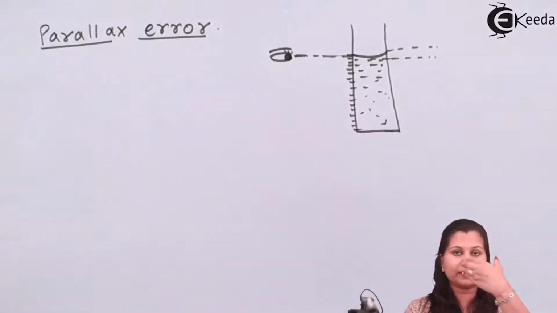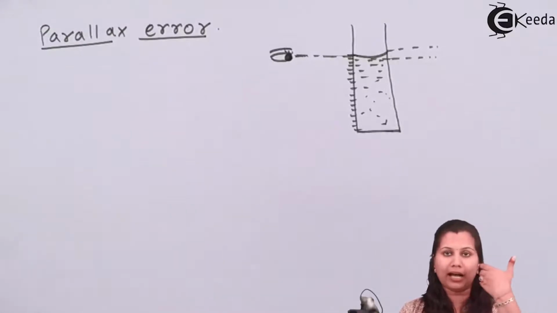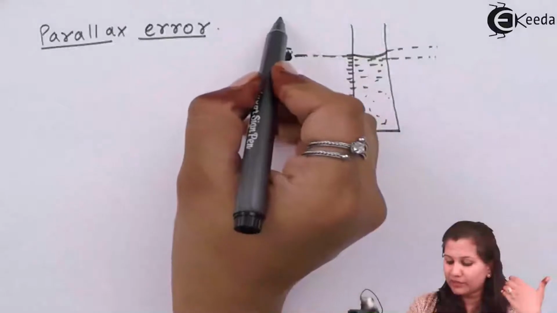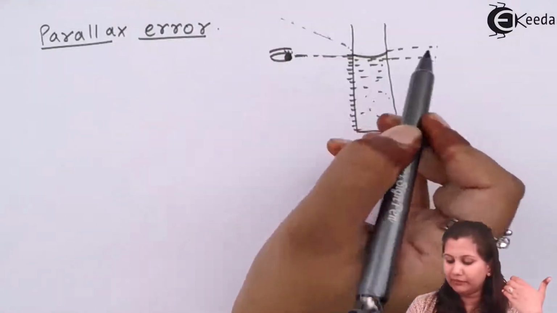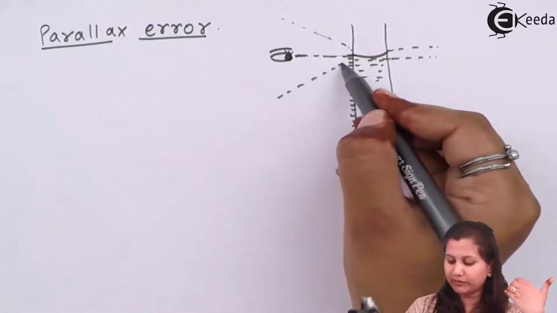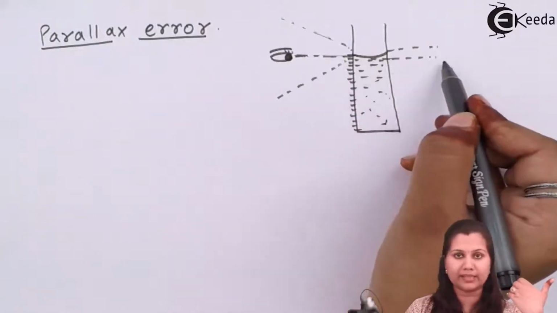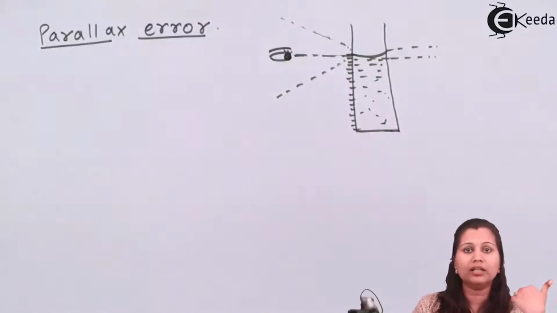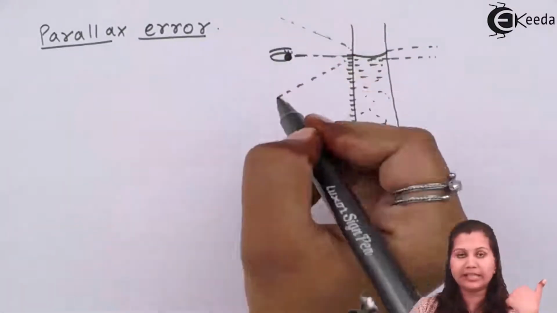When the glass tube is at the same level as the eye, one reading will occur. If the observer is reading from some other angle, he will read the upper meniscus, and if he is reading from a lower level, then he is going to read the lower meniscus, that is, the lower level of the liquid. So different readings will come.